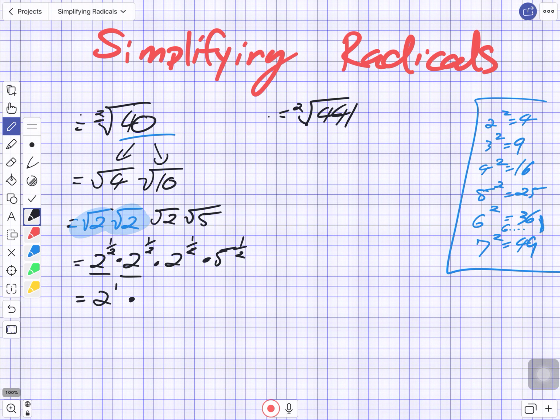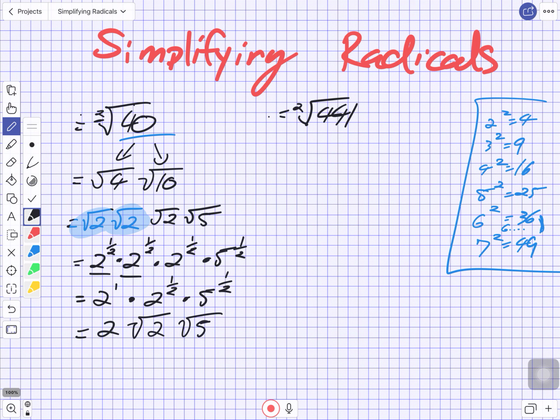So does that just become square root 2? Not just square root 2. It becomes just 2. So I'm going to write the other ones as 2 to the half and 5 to the half. I can't really change these, so I'm going to change them back to their roots. 2 to the half is written as root 2, and 5 to the half is written as root 5.